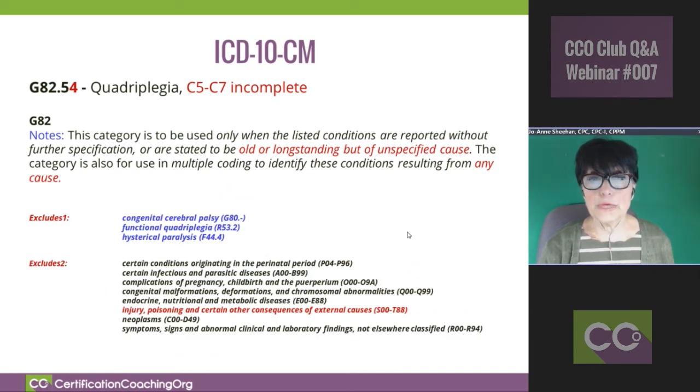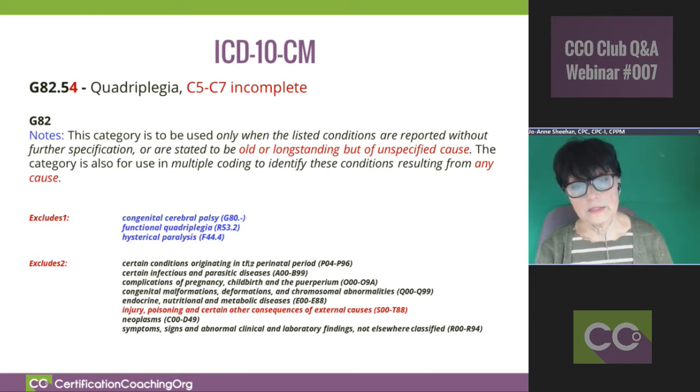Now the G82.54 focuses on C5 through C7 incomplete. And it's the same thing. If that's just the code and there's nothing else that goes with it, then that's what you would use, a very specific code. But again, we are also looking that this patient became quadriplegic due to a traumatic injury, fracture. So I'm focusing again on the Excludes2.